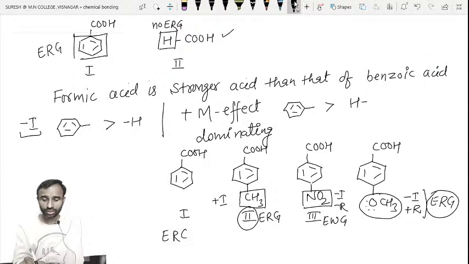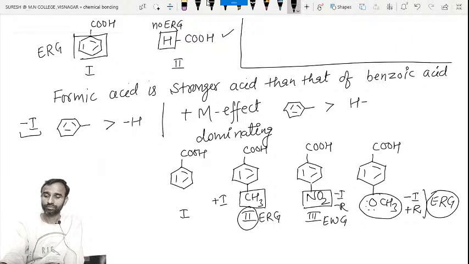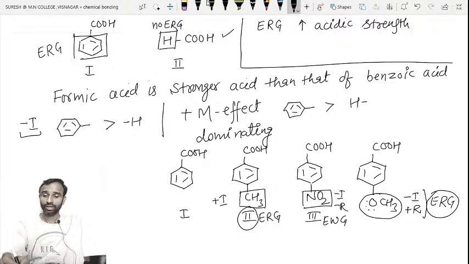Electron releasing groups decrease the acidic strength, and electron withdrawing groups increase the acidic strength.